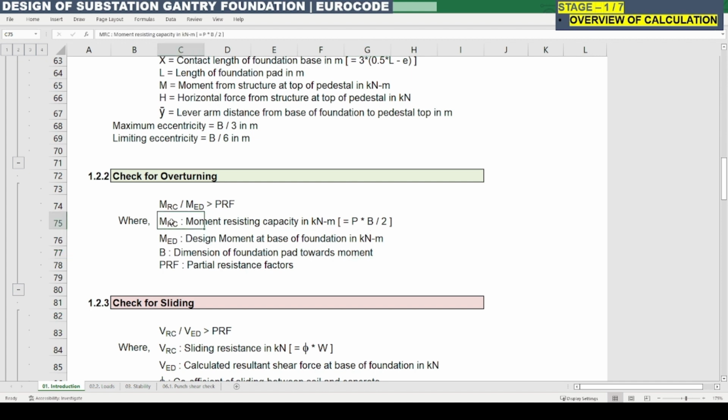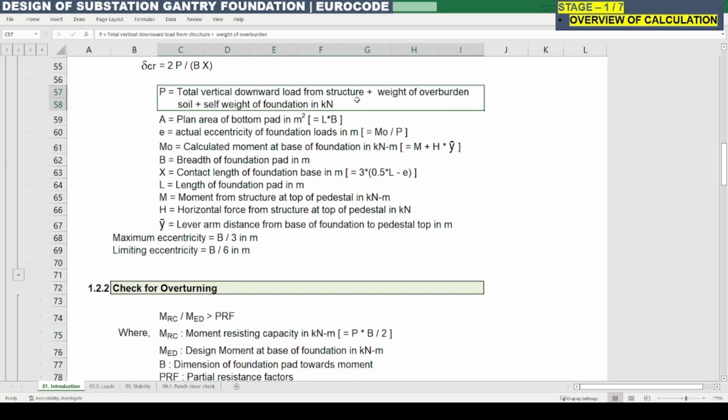So for that, the moment resistant capacity is equal to P into B divided by 2. So here B is the width or breadth of the foundation, P is the total vertical load from the structure plus weight of overburden soil plus self weight of the foundation.